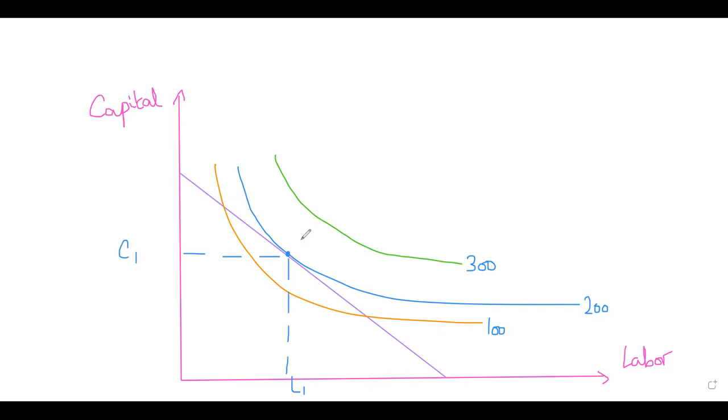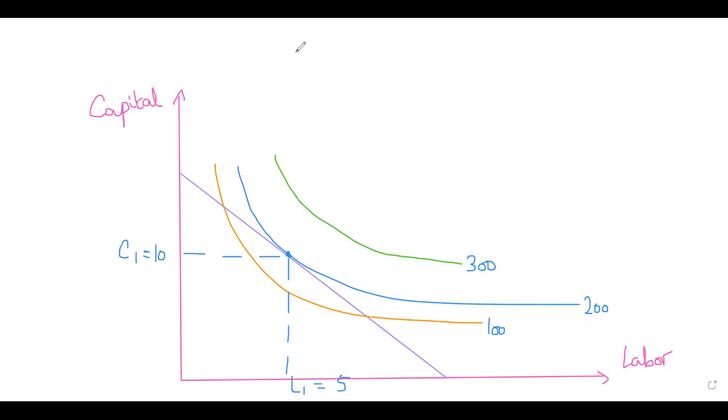Where the isoquant and the isocost are tangent, this purple line, the isocost, and this blue downward sloping curve, the isoquant, are equal. That is the point of producer equilibrium. It shows you the quantities of the two resources, capital and labor, let's say 10 units of capital and 5 units of labor, that you would want to employ to produce an output of 200 units of the good.